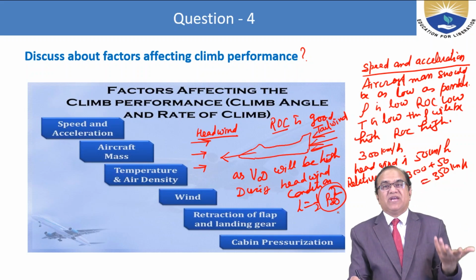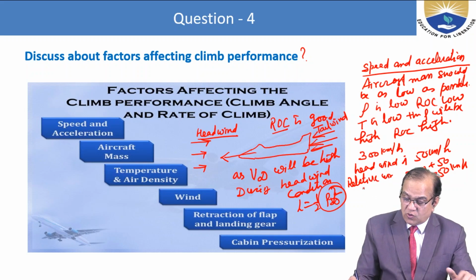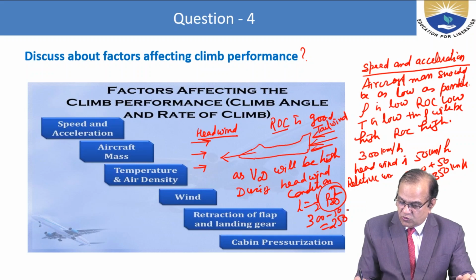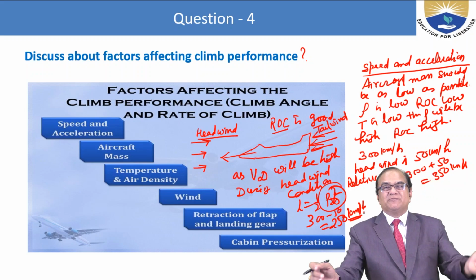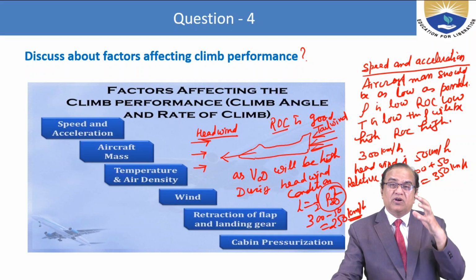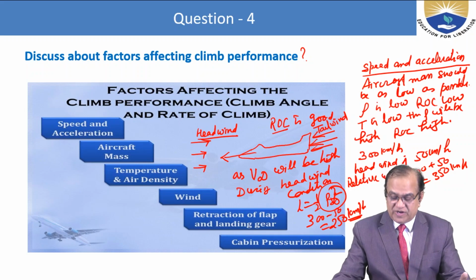So this lift will be high. So we need a headwind, and if it is a tailwind of the same speed, it will be 300 minus 50, the relative wind will be 250 kilometers per hour. So as per that, we have to see what is the direction of the wind.